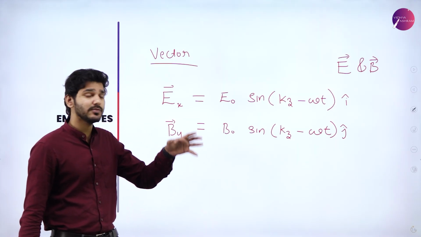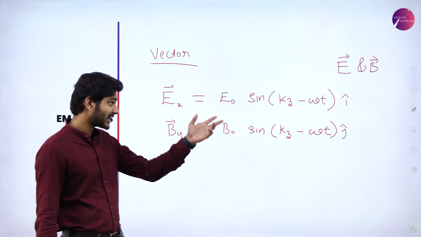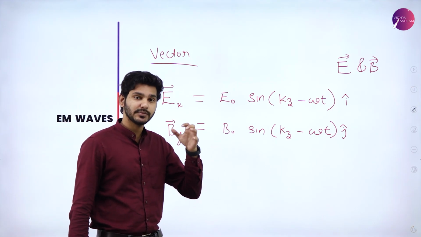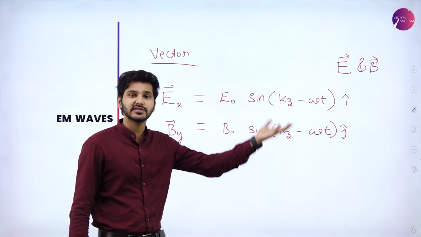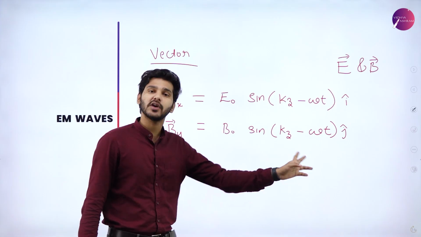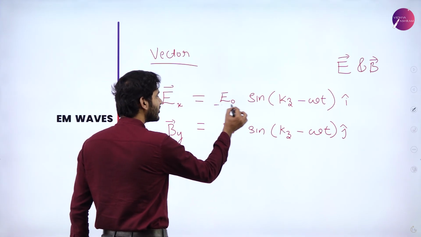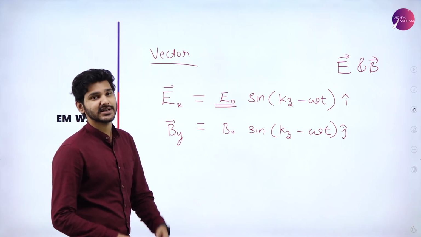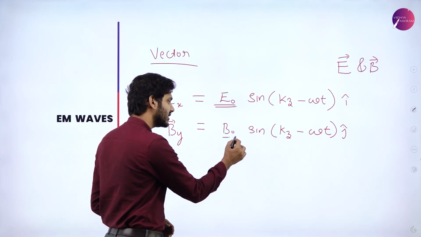Simply, what this equation means is that if a particle is vibrating in the z-axis, then the propagation of the electromagnetic wave, that is, the electrical and magnetic components of the wave, will be in the x-axis and in the y-axis. Obviously you know what these terms are. E naught is the maximum amplitude, that is A, of that particular wave. Here it is E naught and here it is B naught.